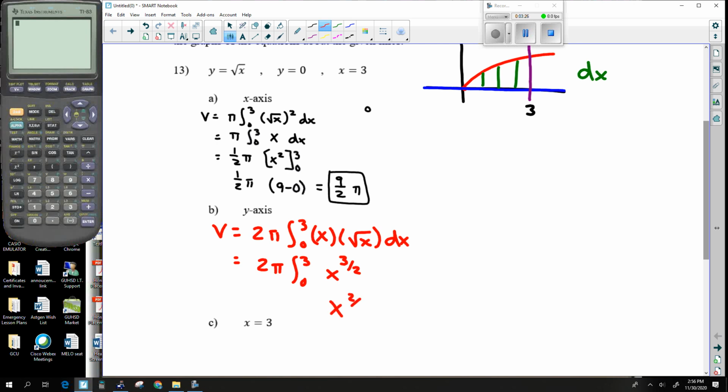So this is x to the 5/2, or the 2/5, from 0 to 3. Let's see how this works out. Okay, this is 9 square root 3, minus 0.